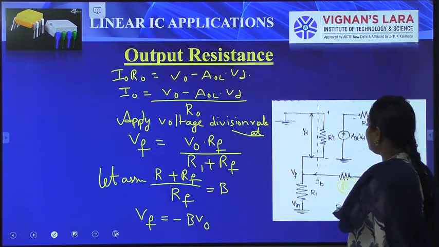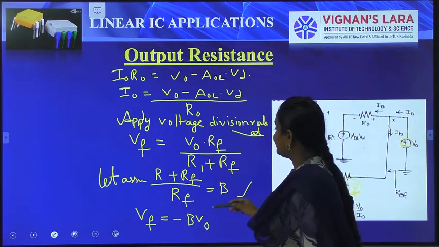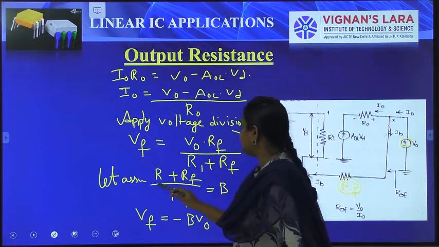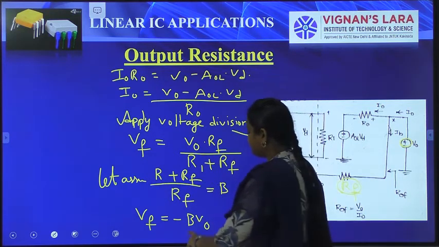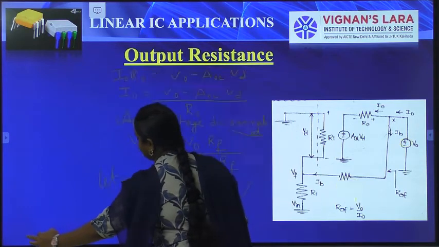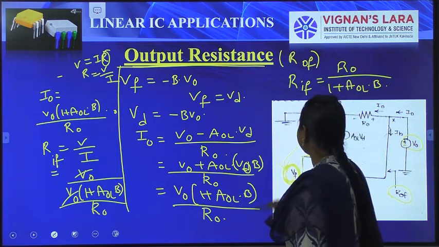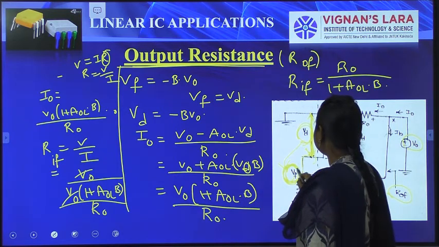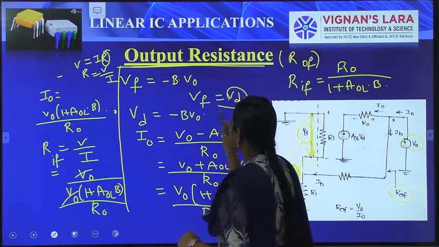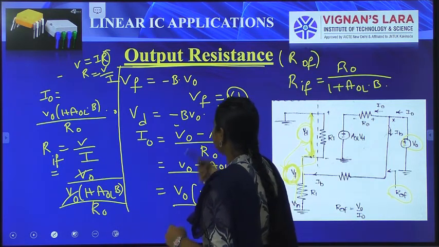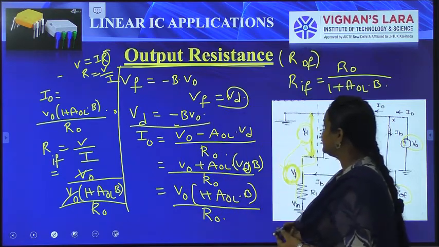VF is equal to V naught RF by R1 plus RF, so RF by R1 plus RF is taken as B. We have already VD taken as VF for simplification purposes, since the voltage across the input resistance is VF. So in place of VD, the VD term is equal to minus B V naught.